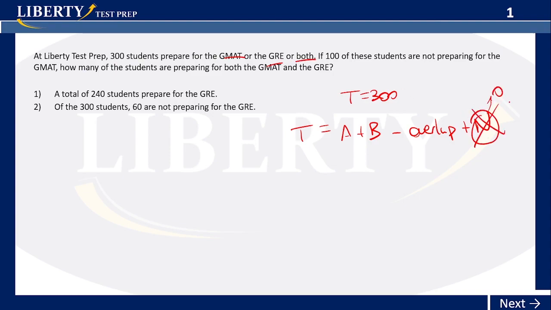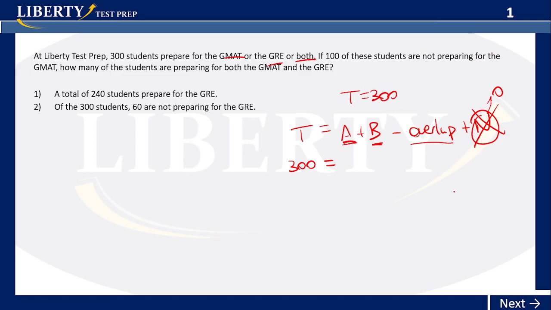So we're not going to count that up. We just have GMAT, A, GRE, B, and the overlap. Now, we know that T is equal to 300, and we know 100 of the students are not preparing for the GMAT.